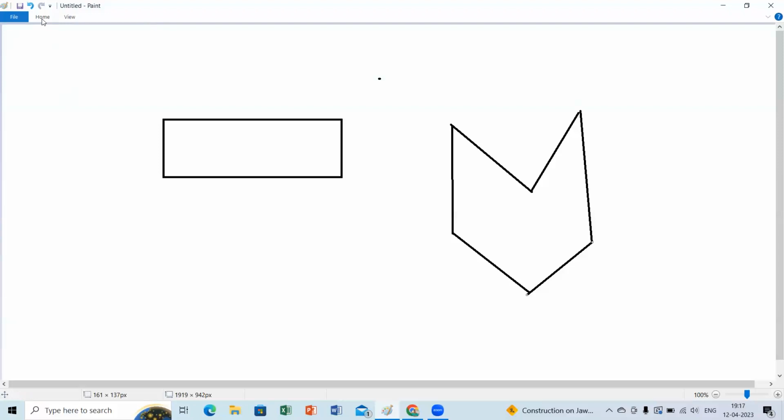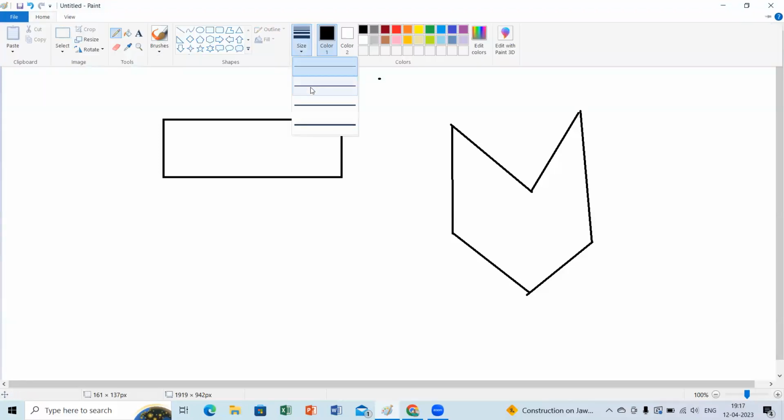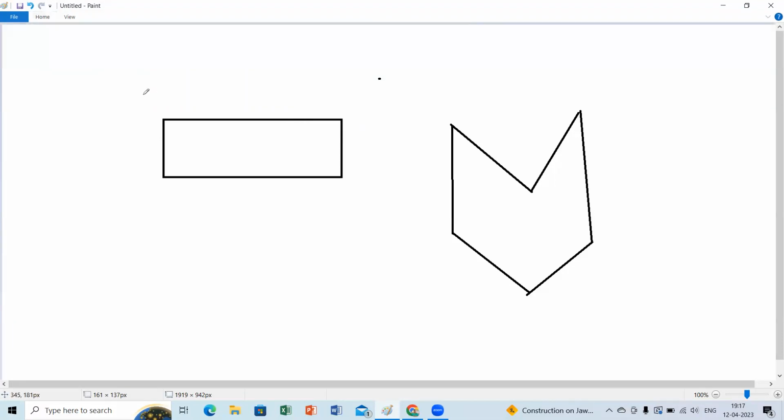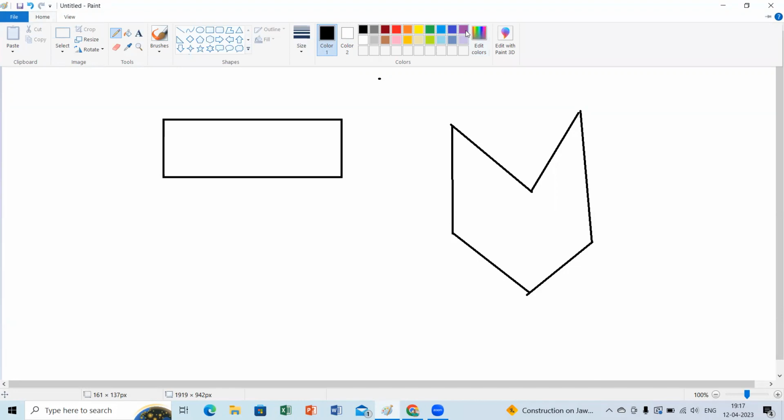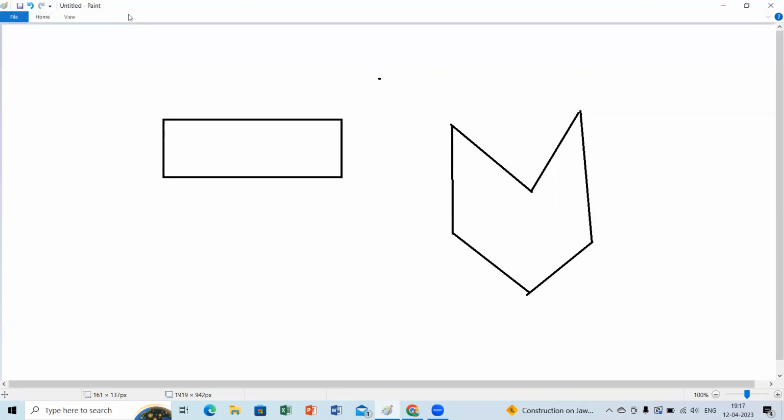What do you know about diagonals? What are diagonals? Suppose the figure, if you take a rectangle ABCD. What are diagonals, children?